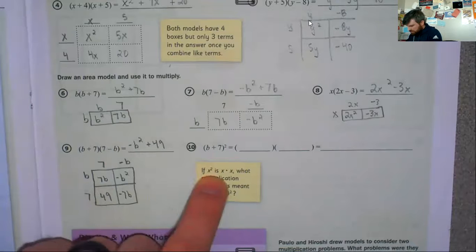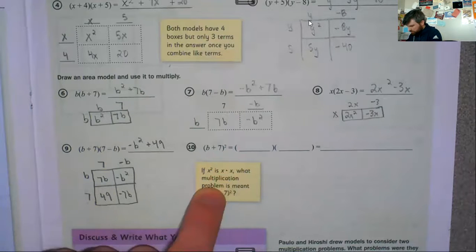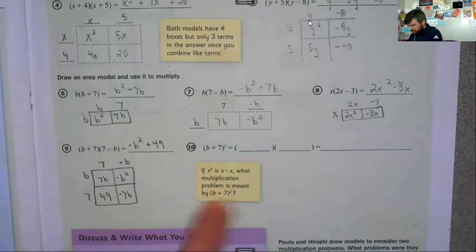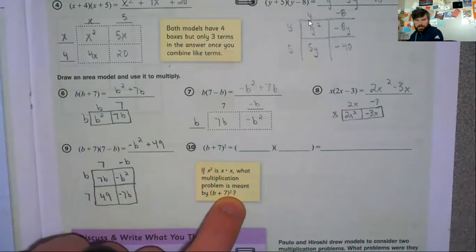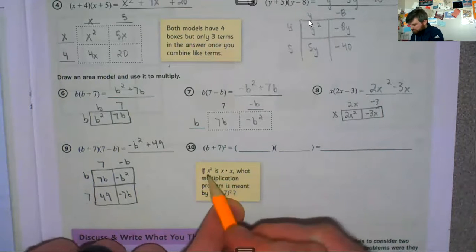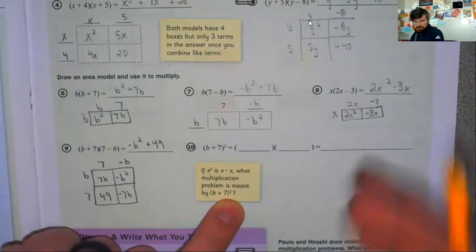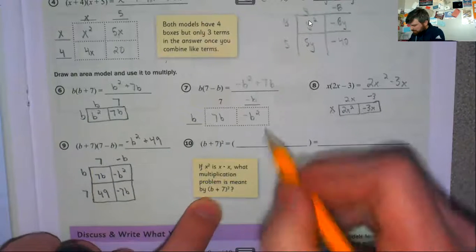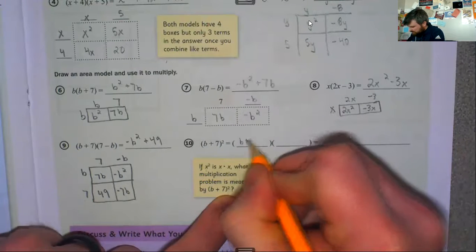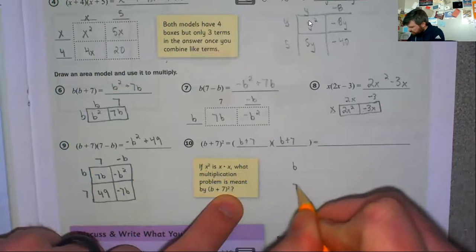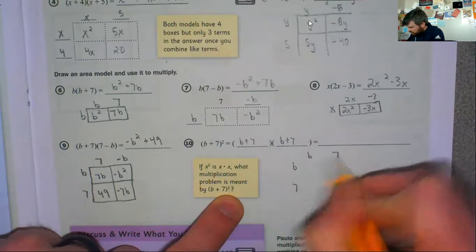If x squared is x times x, what multiplication problem is meant by b plus 7 in parentheses squared? Well, with x squared, squared just means take it times itself that many times, in this case, twice. So with b plus 7 squared, we're going to take b plus 7 times b plus 7. So you have b and 7, b and 7.